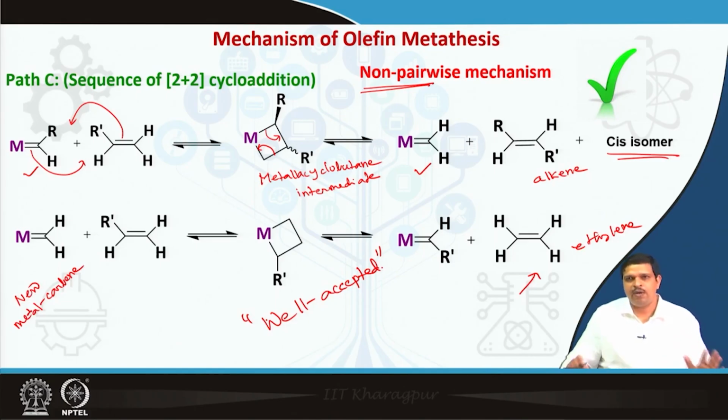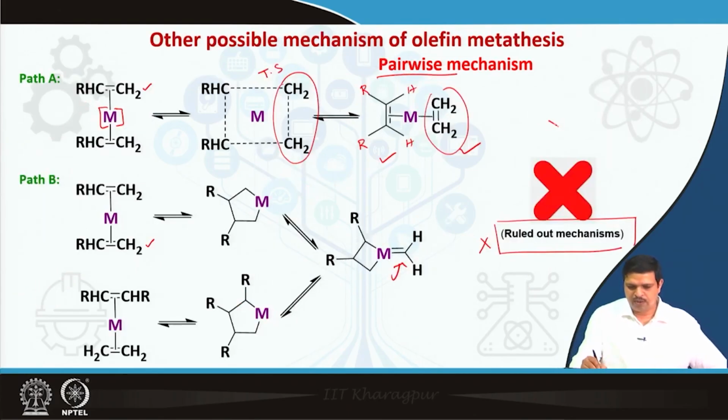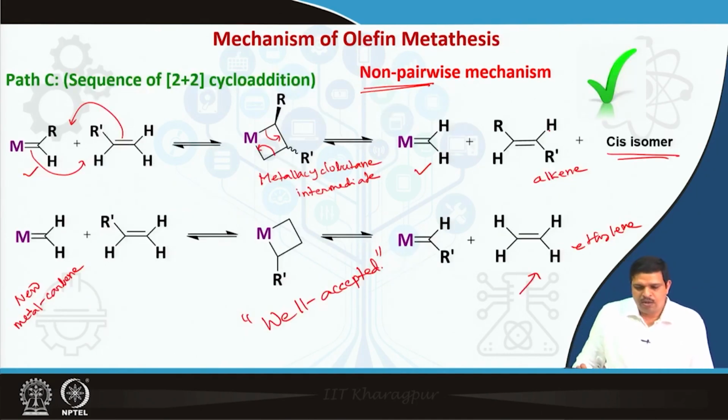I hope it is clear. So the pairwise mechanism is ruled out, and there is no need to think about it. The non-pairwise mechanism, through the metallocyclobutane, is the well accepted mechanism for alkene metathesis reactions.